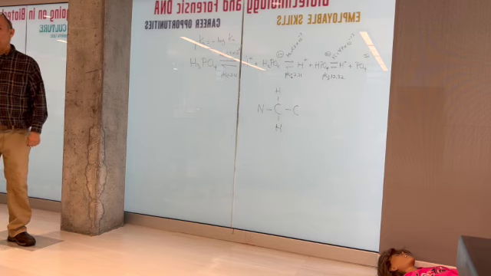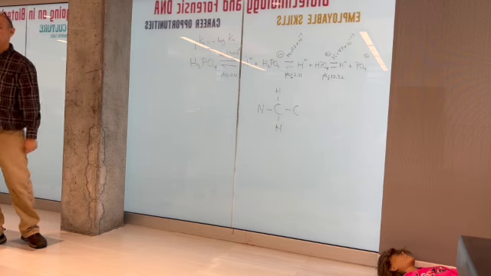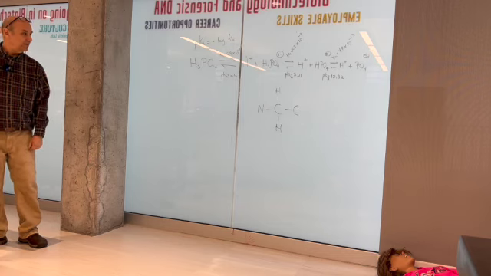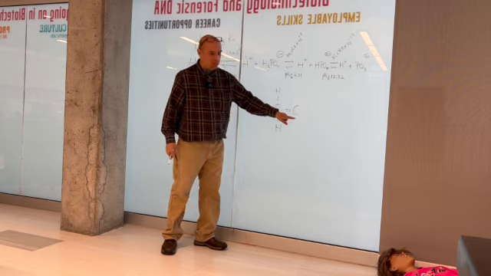Any idea where I'm going with that? This is the topic of essentially the next chapter. So you have a nitrogen connected to a carbon connected to another carbon.